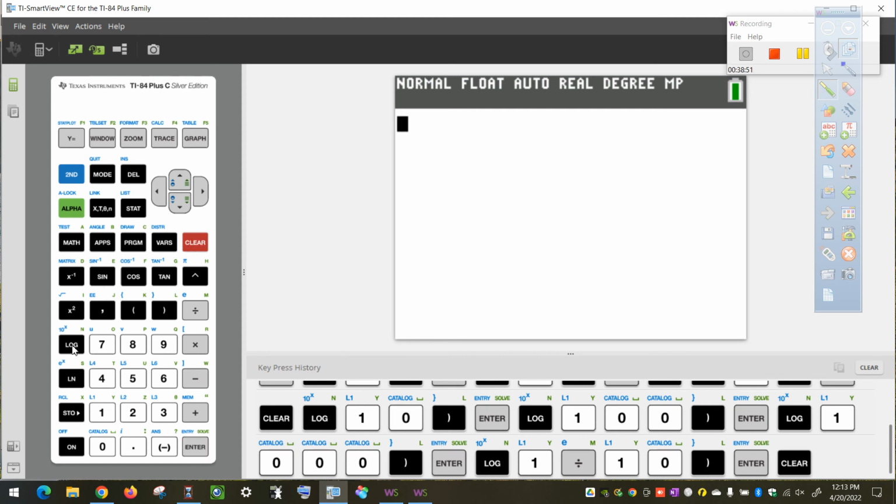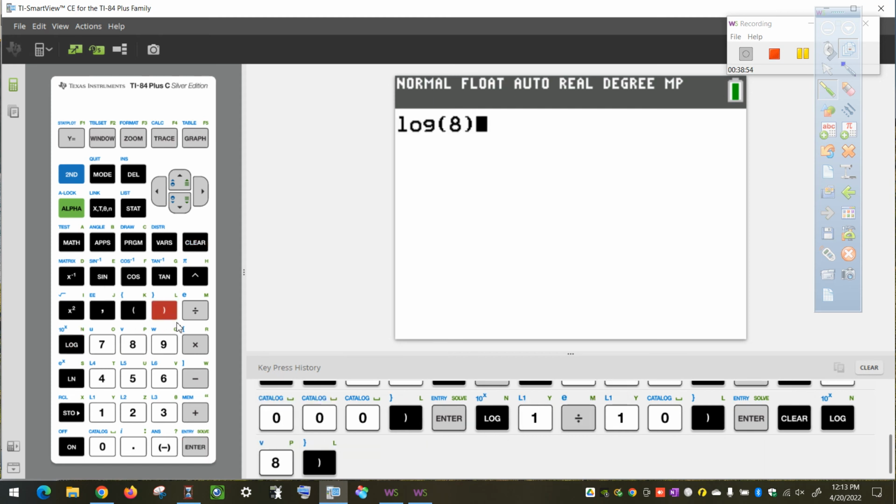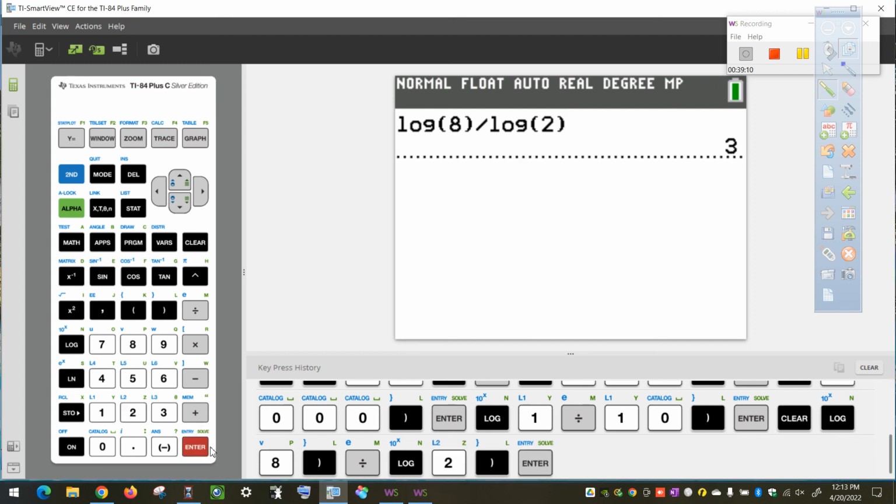So I'm going to find my log key. So this is really doing log base 10 of 8, close the parentheses, divided by log base 10 of 2. Formula works. We get the answer that we would expect to get, which was 3.